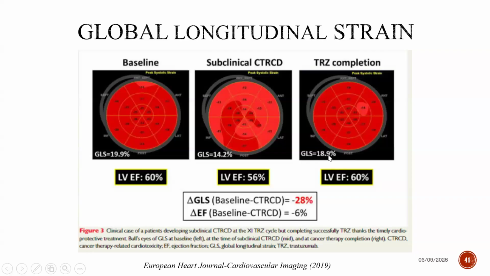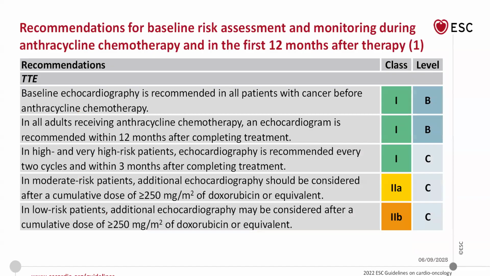So this shows how significant the global longitudinal strain is in patient assessment. Without doing the GLS, we may miss subclinical dysfunction. The patient may continue the treatment without any intervention and later develop cardiac dysfunction, which will result in interruption in their therapy.